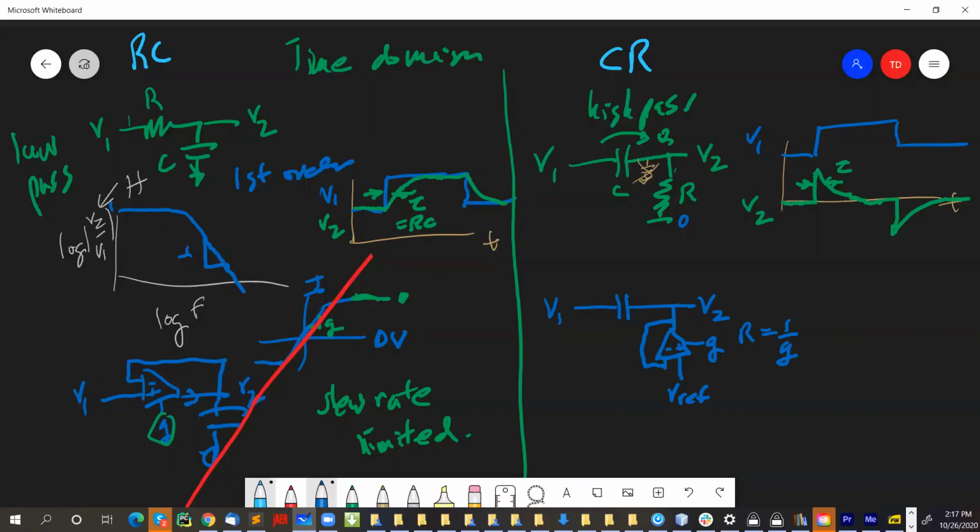Okay, that's what you're going to test this week. You have on the chip a transconductance amplifier, just like you had before. On the chip, there's also a built-in capacitor with a value of 1 picofarad. So C on the chip is 1 picofarad, so 10^-12 farads.